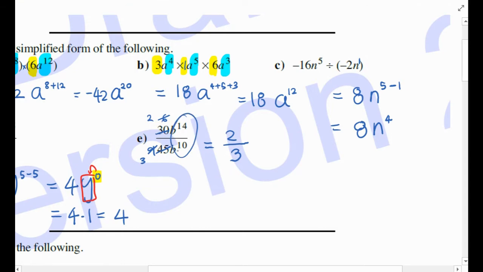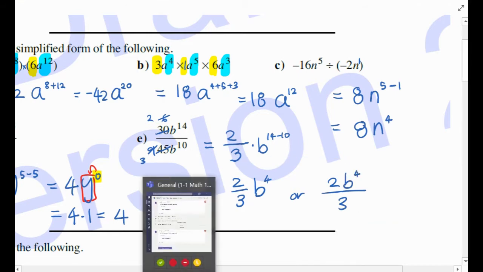And we're going to do the exponent. So b to the power of 14 minus 10. Or you can just put the exponent here. And that is 2 over 3 b to the power of, what's 14 minus 10? 4. So this is the answer. Or you can just put this power on the top. So either way, you can just write down the answer.